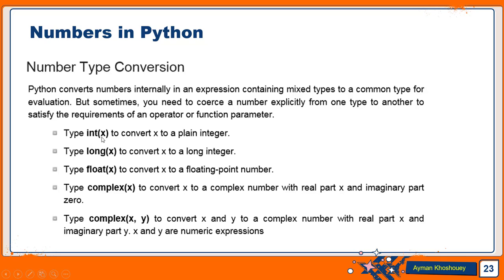This int bracket x converts x to a plain integer. Long converts x to a long integer. Float converts to a floating point number. Complex converts x to a complex number with real part x and imaginary part 0. Complex x, comma y converts x and y to a complex number with real part x and imaginary part y. X and y are numeric expressions.